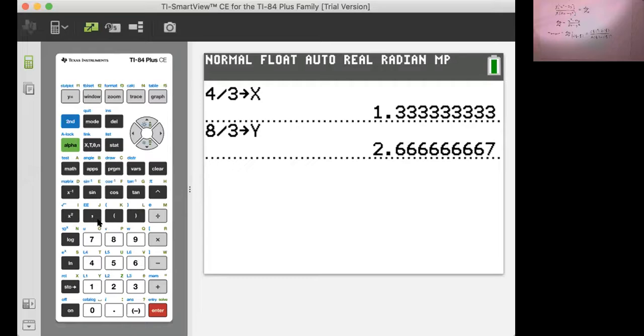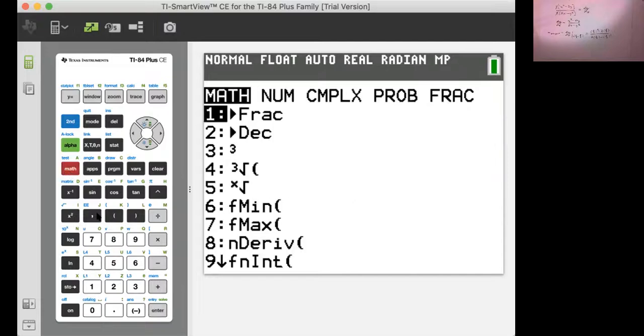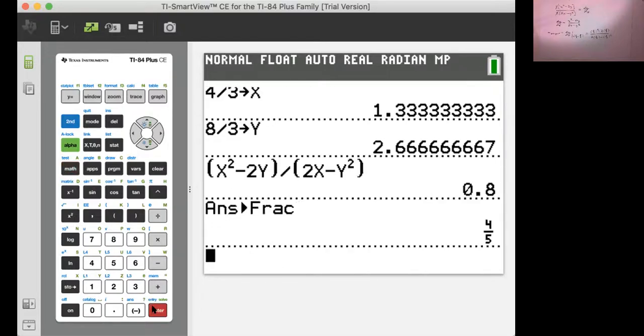So upstairs, x squared minus 2y, divided by downstairs, I have 2x minus y squared. And the result is 8/10, also known as 4/5.